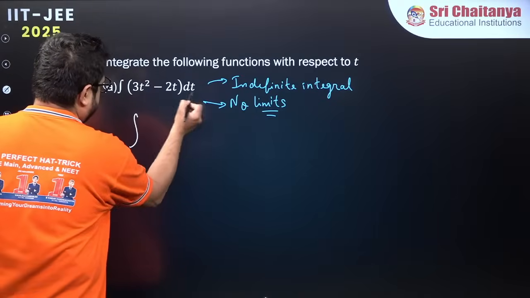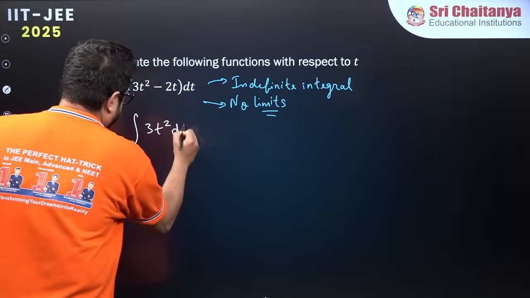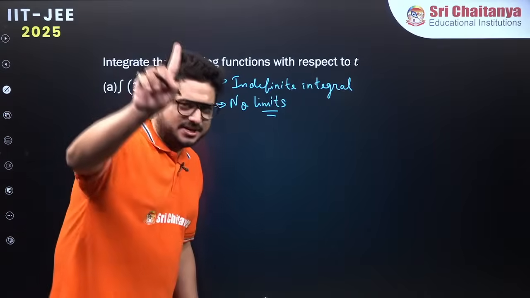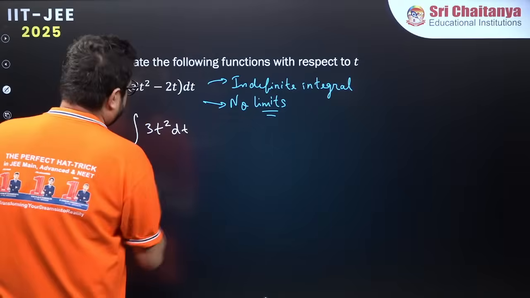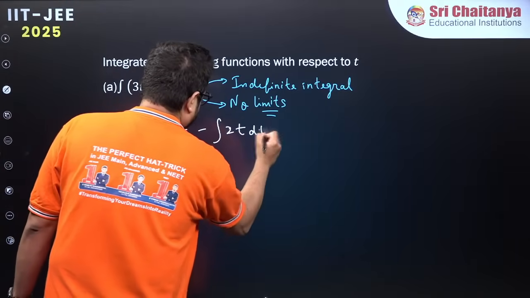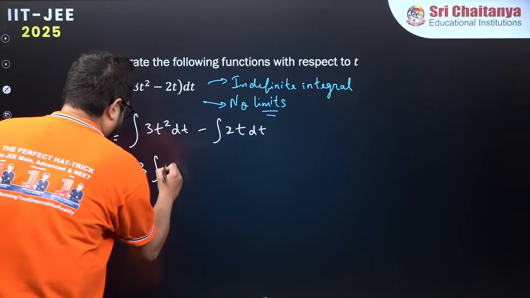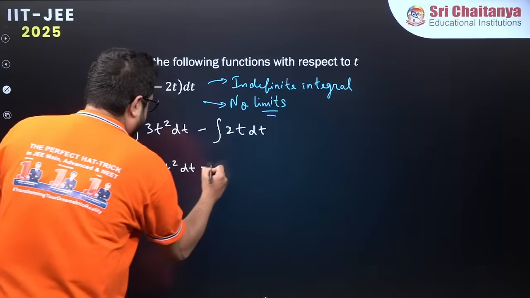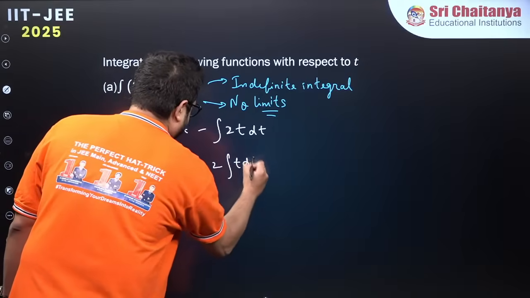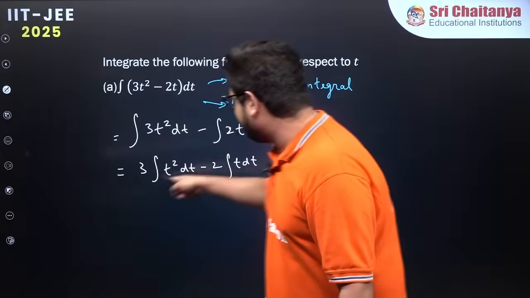You can just directly bring this dt term and integrate them separately, which we already discussed yesterday, if you can recall. Integral of 3t square dt minus integral of 2t dt. So now 3 is going to be taken outside the integral, t square dt minus 2 integral of t dt, no limits.